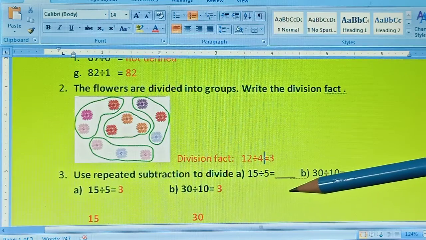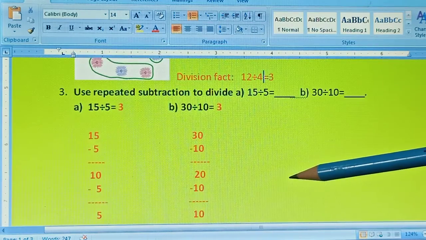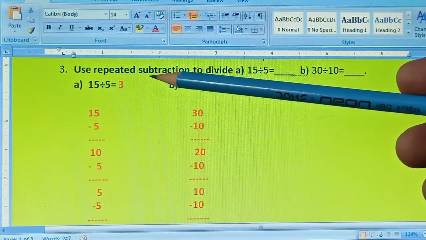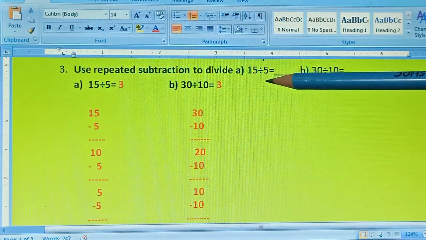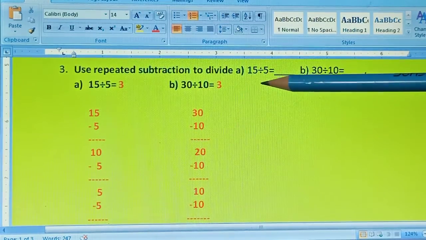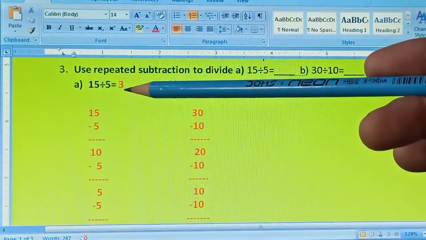Now question number 3. Now this is a little lengthy one. When you are asked to do division by repeated subtraction, okay, how do you do that? Firstly, let's see 15 divided by 5.